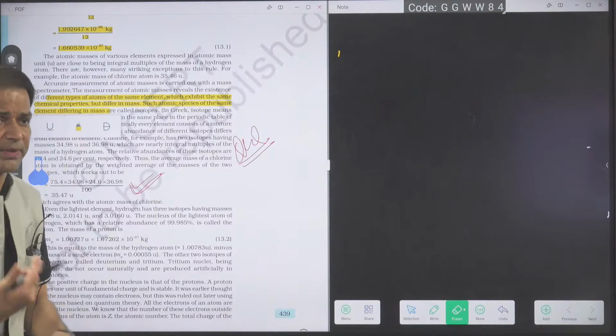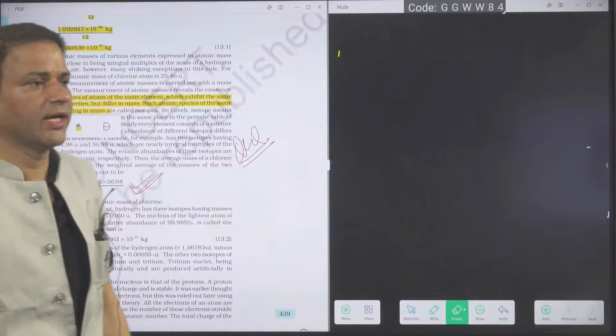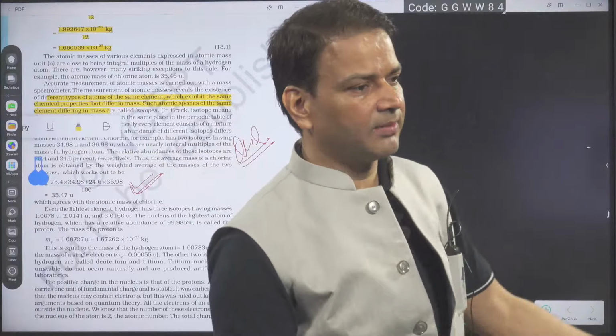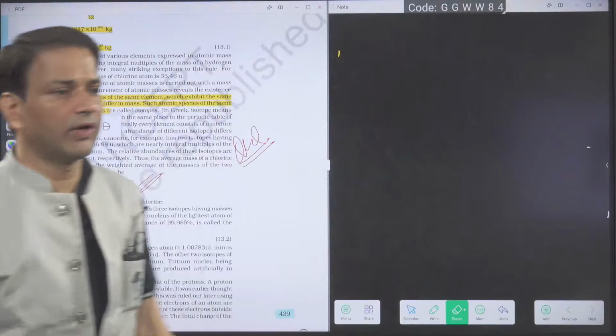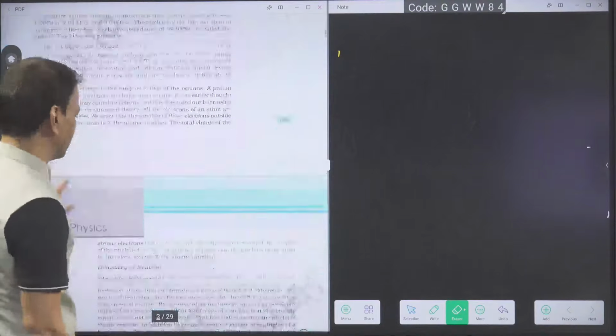Now, according to the percentage, we calculate the mass: 75.4 × 34.98 + 24.6 × 36.98, and total is 100. So when we divide by 100, we get 35.47. So that's why the atomic mass of chlorine is 35.5. This everybody knows, in the chemistry also you have learned.